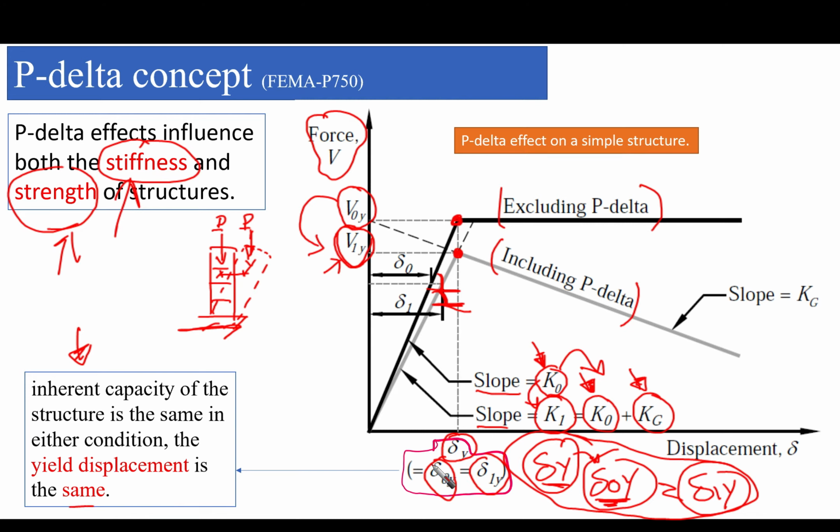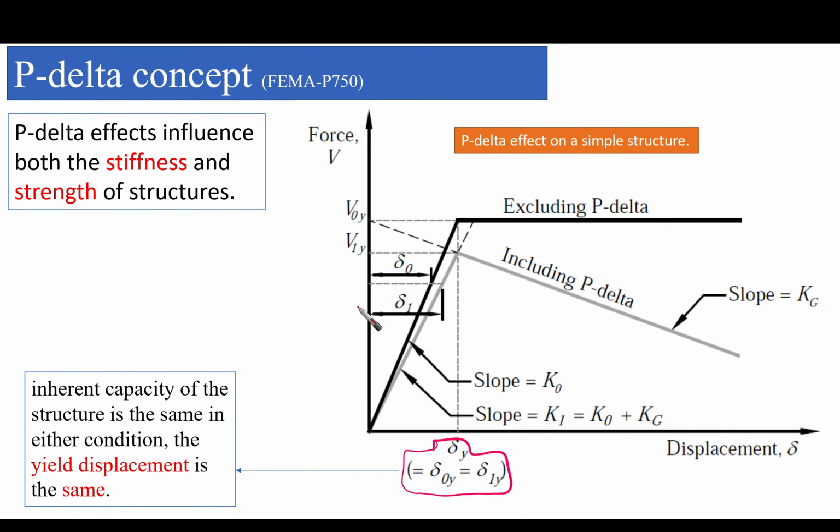The inherent capacity, I mean the capacity in terms of the yield displacement. Okay, so this is an important issue we want to understand when we look at the structure. Let me remove everything here to make it clearer.